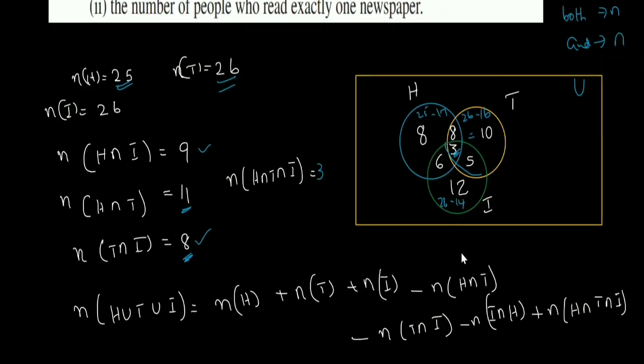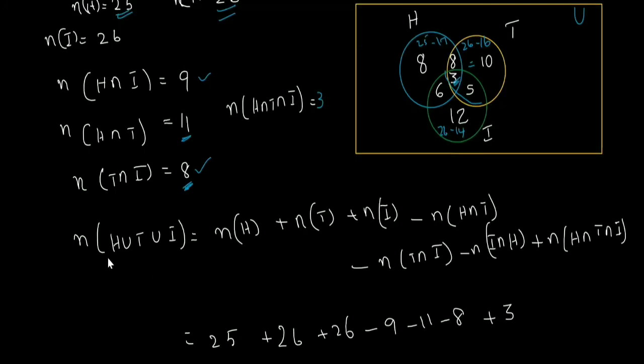Now you can use the formula also. Now when you add all these values, you get A union B union C. When you add 8 plus 3 plus 6 plus 5 plus 10 plus 12 will give you A union B union C. You can use the Venn diagram or you can use this formula. N of H union T union I is N of H plus N of T plus N of I minus, first 3 plus then 3 minus.